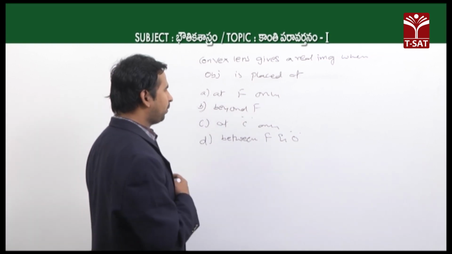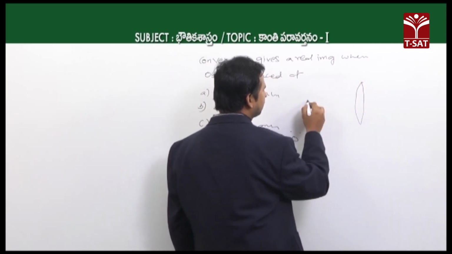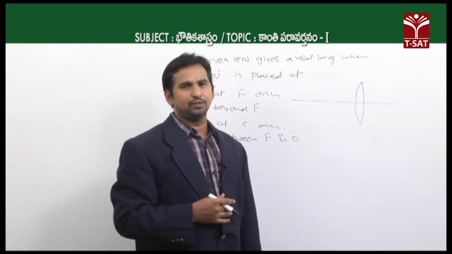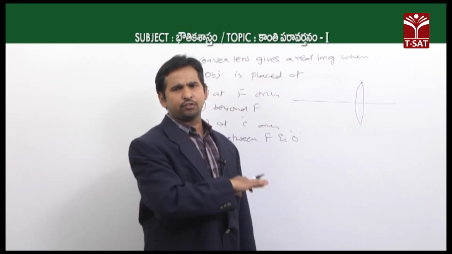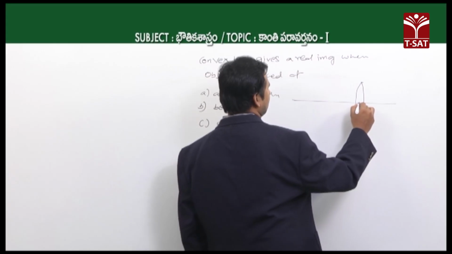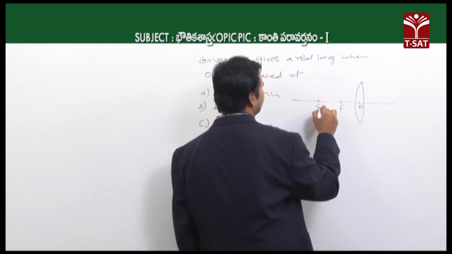Now if you see the properties or the ray diagrams of the convex lens, we have a total of 6 positions, starting from infinity. Slowly, as you come closer towards the lens, there are 6 different positions. Those positions are measured from the optic center, the focus, and the center of curvature.